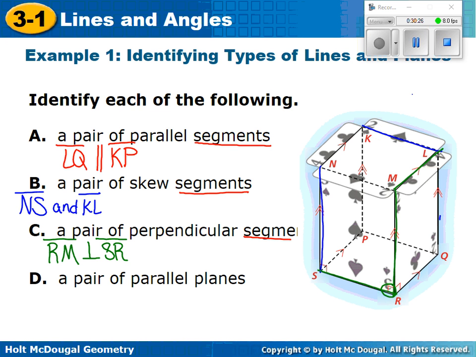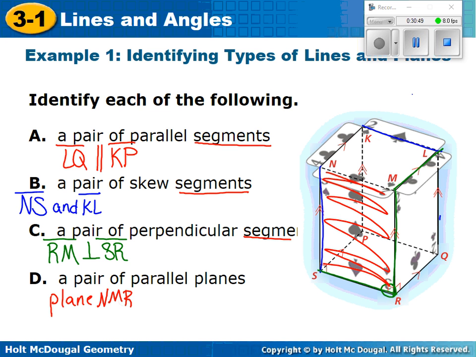All right, and lastly, a pair of parallel planes, somebody different than those three. Go for it, Carlos. Plane NMR, so don't forget the word plane in front. Plane NMR would be the front left plane here. And what did you say the other plane was?